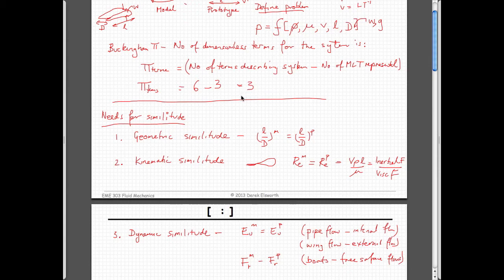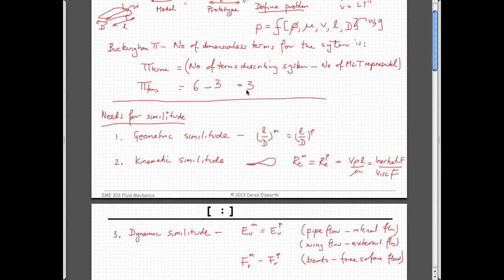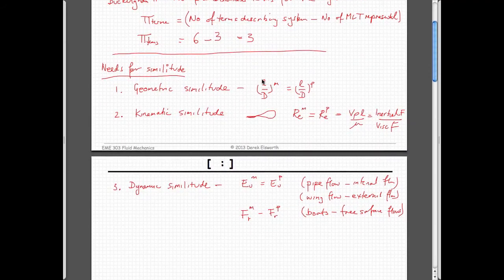You'd like to boil it down to the bare minimum in terms of the number of variables. So in our system with 6 variables, we know we have at least 3 pi groups. We know that we're going to want the model to be the same as the prototype in terms of dimensions, so presumably this could be one of the pi groups.